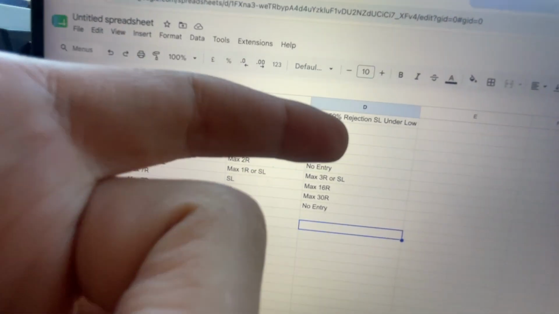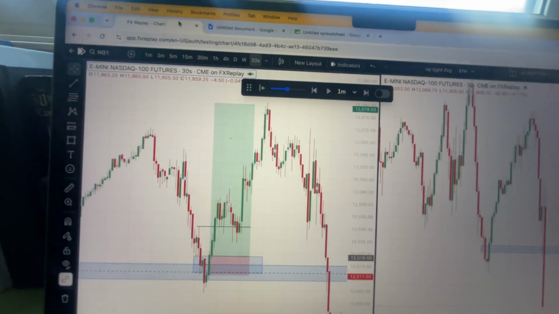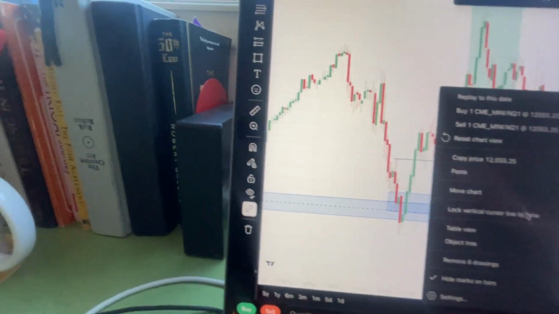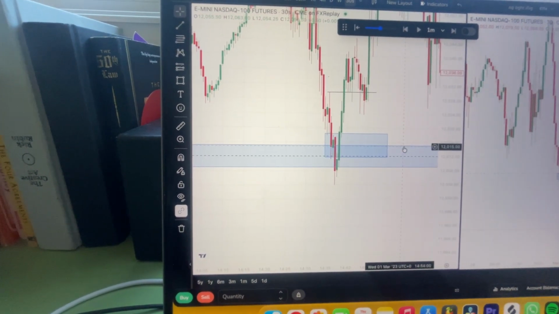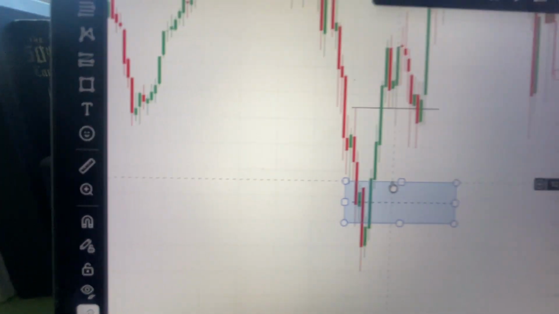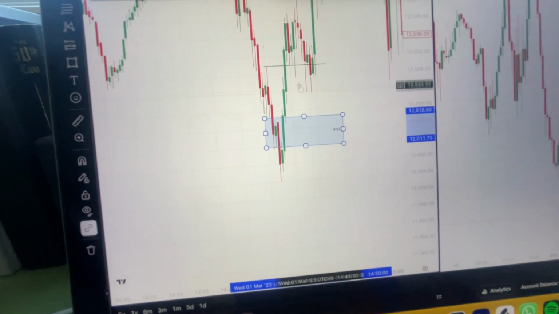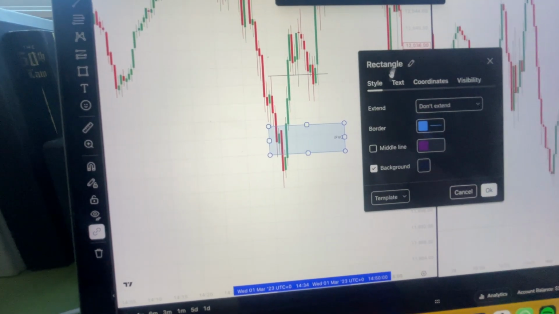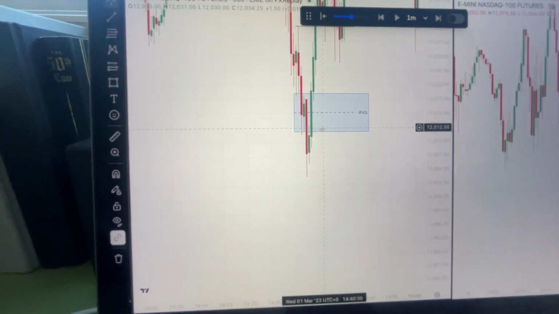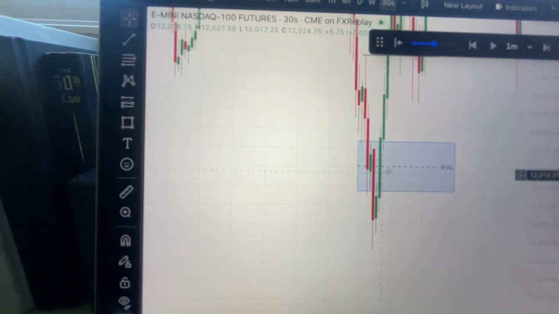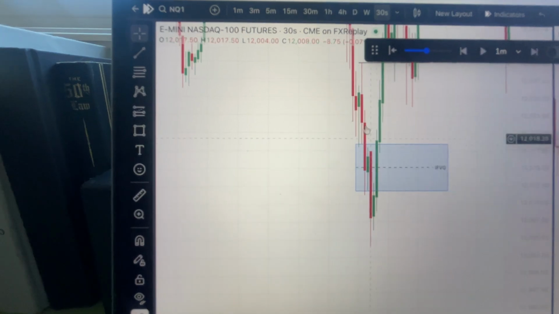And then here, which is an absolute mad, supercharged version of this strategy, is basically waiting for the rejection off this IFVG when it comes into it. Let's say that that's created an IFVG now, which it has. You'd then wait for the middle line to get tapped and rejected. The candle can't close past this.